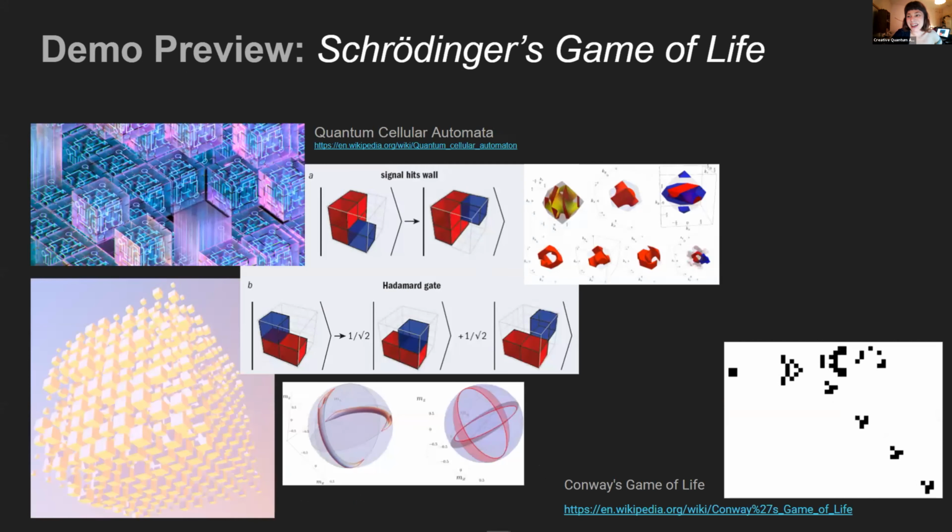All right, so actually I wanted to show you one of our cellular automata models I call Schrödinger's game of life. Many of you might know Conway's game of life, where you have, in this lower section here, traditionally 2D, but you also can have 3D or other dimensional representations of rules that are followed by living and dead cells.